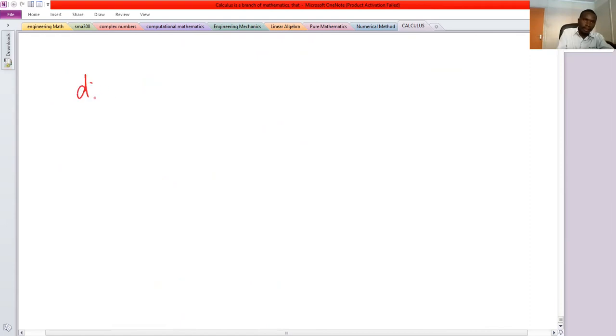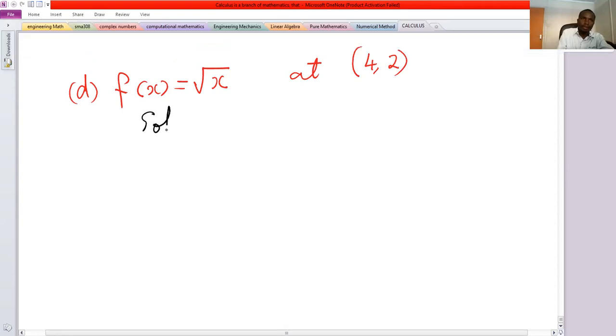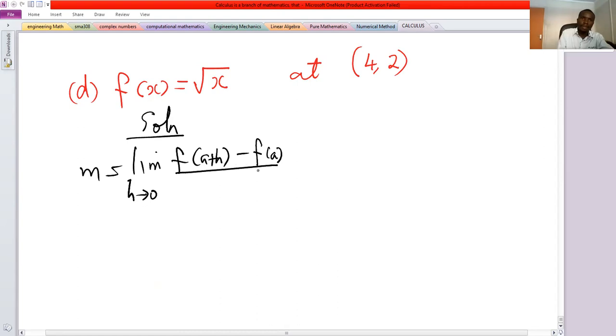Second last, D, f of x is given by square root of x at 4, 2. Now for the solution, you start with m, the limit as h approaches 0 of f of a plus h minus f of a divided by h. So the limit as h approaches 0. A for this case is 4.